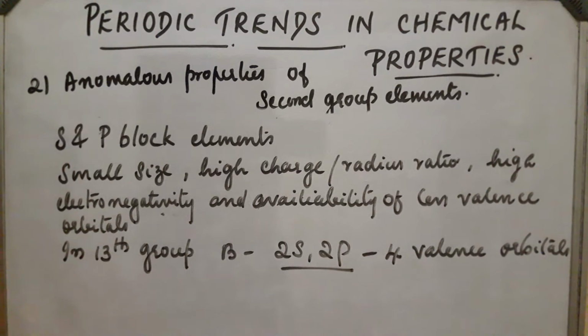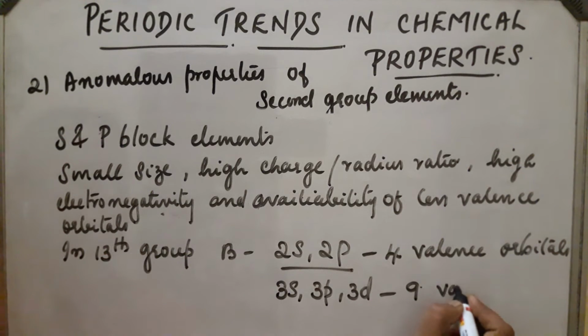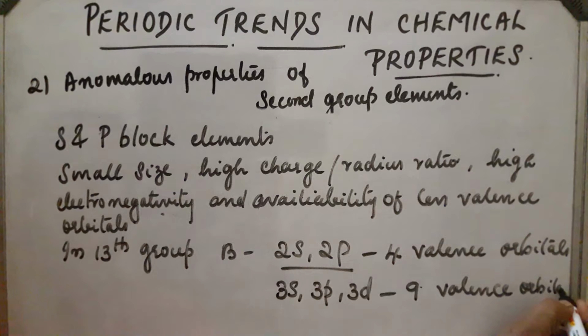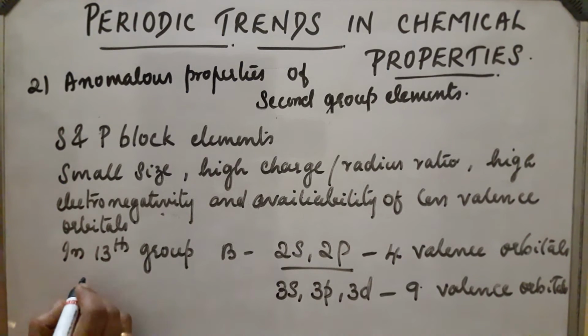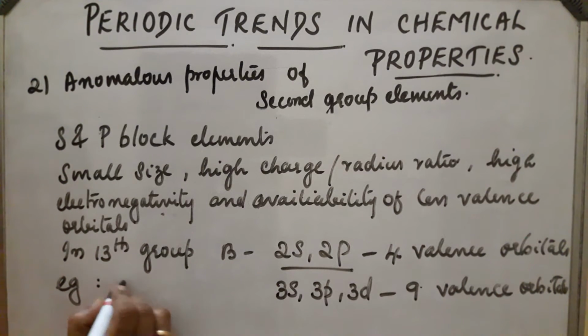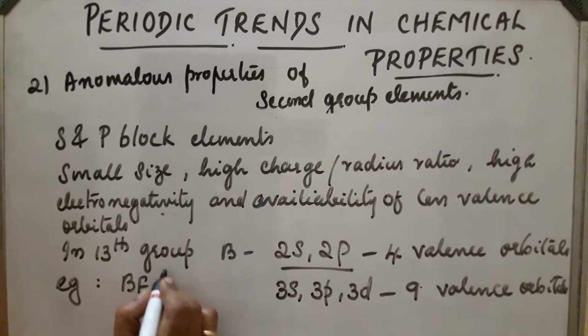But from the second element onwards, 3s, 3p and 3d, so a total of 9 valence orbitals are available for bonding. This is an example in the case of the 13th group. So for example, BF4 minus.